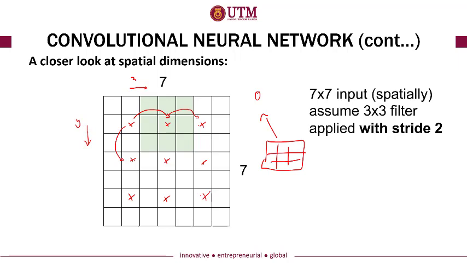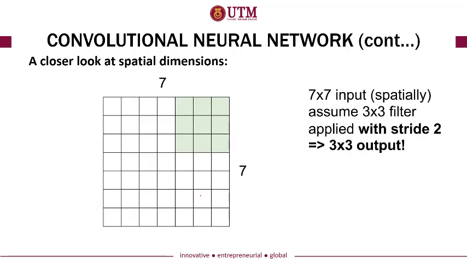Normally the one that keeps shrinking the matrix is a pooling layer, but in the convolutional operation you can also do that, by having a stride size more than 1, so you keep shrinking the matrix towards the end of your CNN architecture. Okay, so the output is 3 times 3 for stride equal to 2.